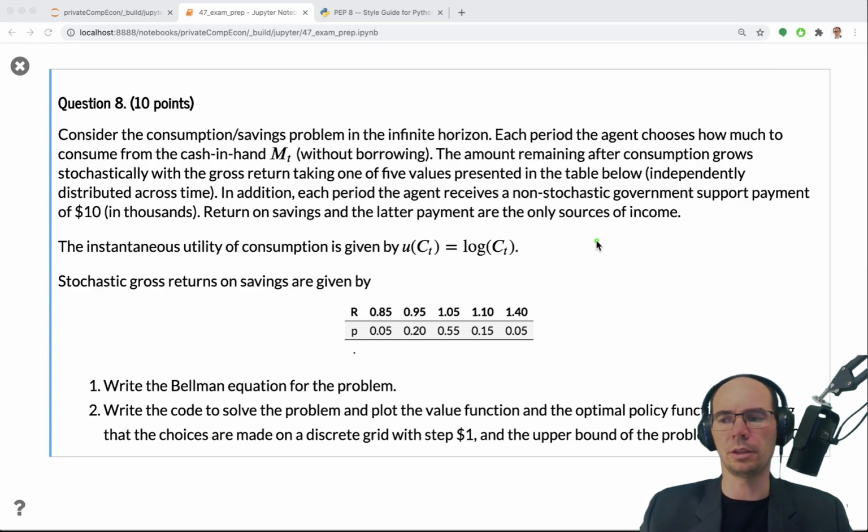Although it's not elementary, I admit, but it's certainly achievable from the code that we have developed in the lectures.